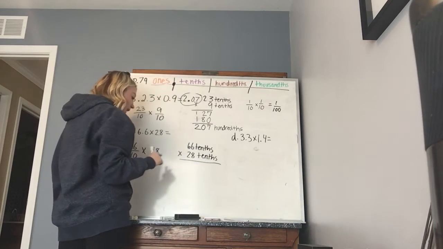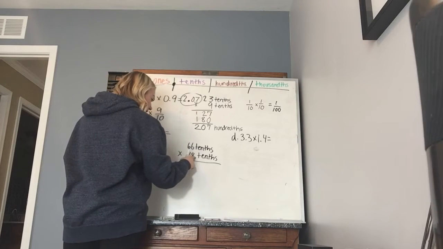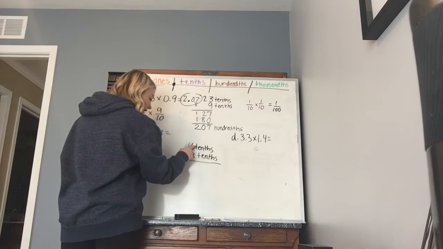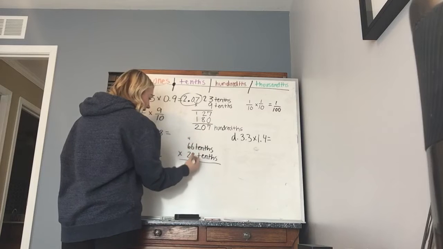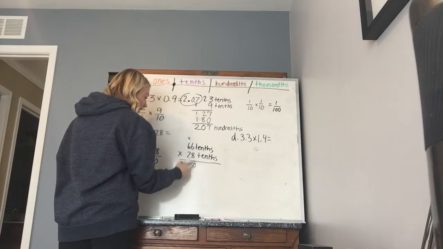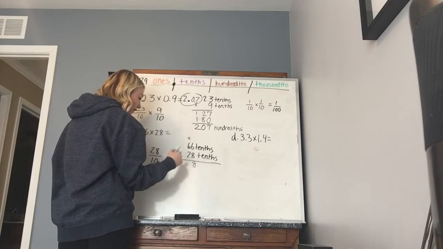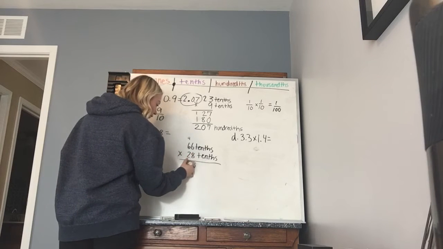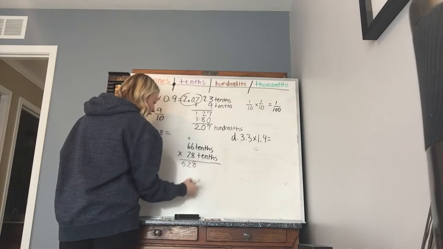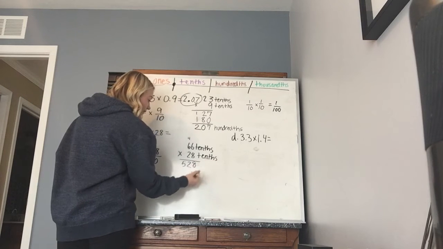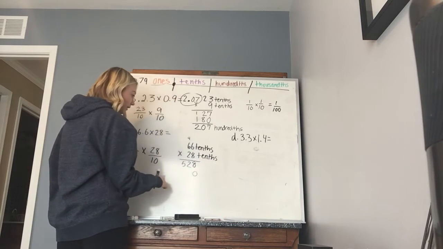So it's going to be a little different. 8 times 6 is 48. And then 8 times 6, 48, plus the 4 is 52. And then I'm going to add my 0 to go on.